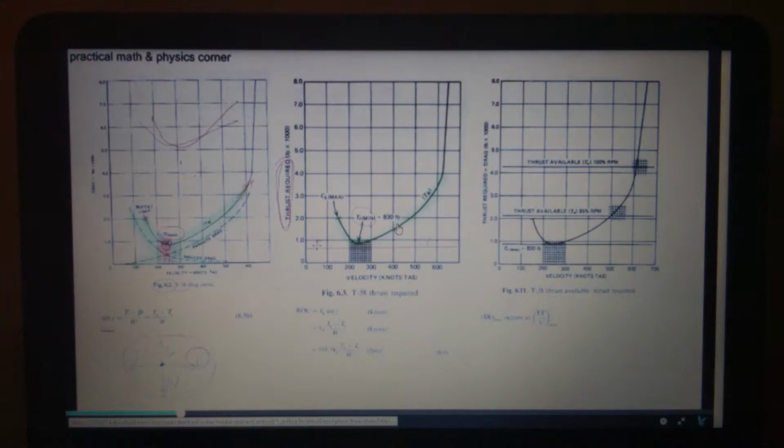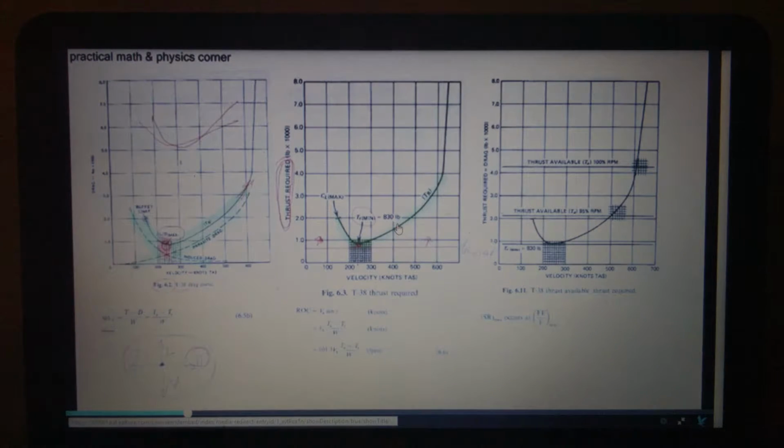Start moving that ruler up, always keeping it horizontally straight till you start intercepting the curve at one point. So when your straight horizontal line becomes a tangent on your curve, then you're at the minimum thrust required, or at the minimum point of that curve here.